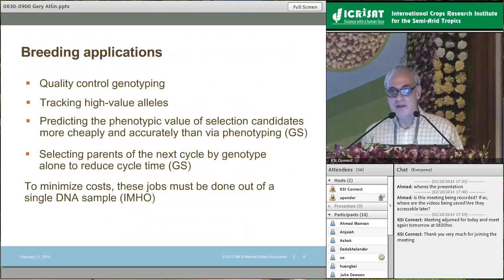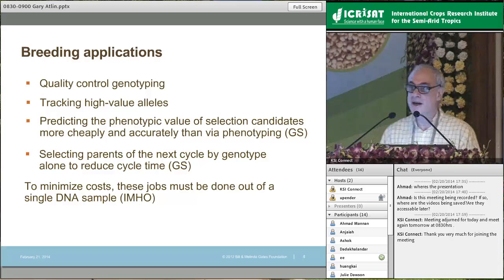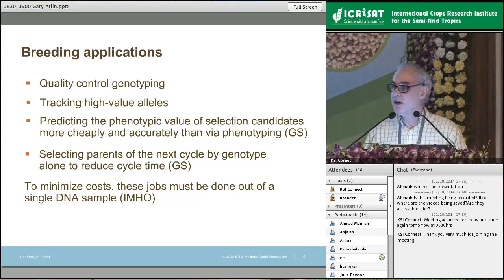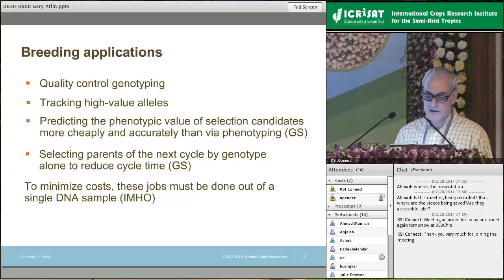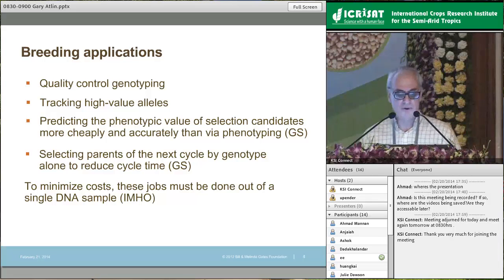The breeding applications for high-density genomic information, the primary ones that I'm aware of include quality control genotyping, tracking high-value alleles in forward selection, and line conversion. Then there's two genomic selection applications which to my mind are often confused.